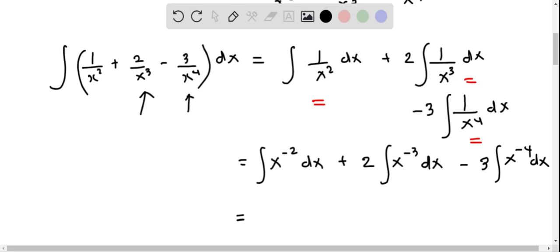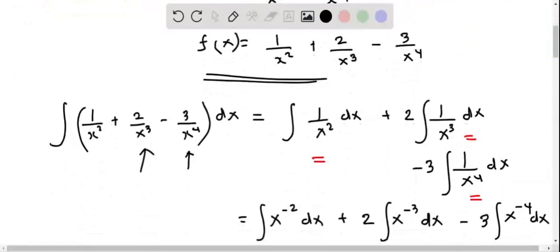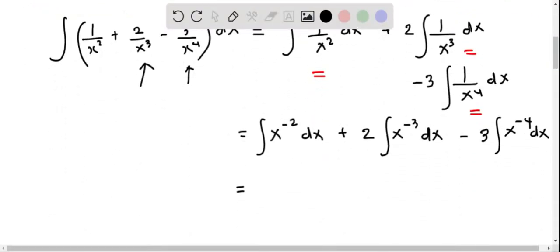So now I can apply the power rule of integration. I'm going to apply this rule, which says if you have a function x raised to the power of n, and you integrate it, it is equal to x raised to the power of n plus 1 divided by n plus 1 plus the constant of integration, and n should not be equal to minus 1. So let's do that. Here this becomes x raised to the power of minus 2 plus 1 divided by minus 2 plus 1.